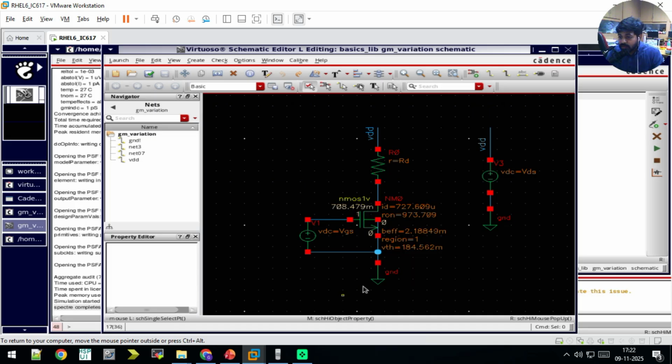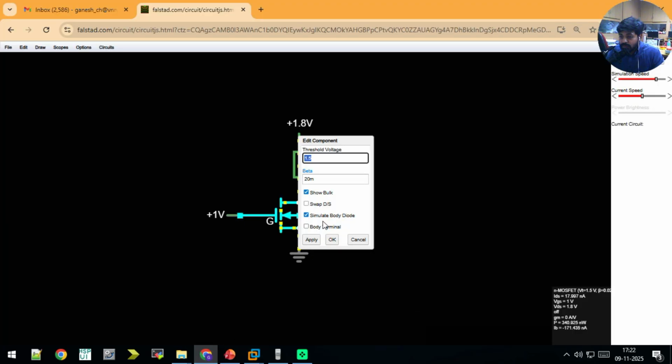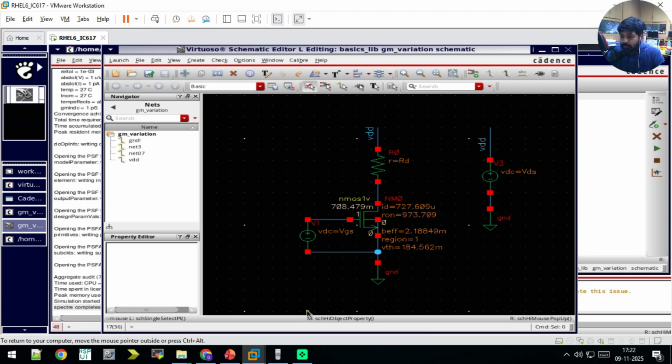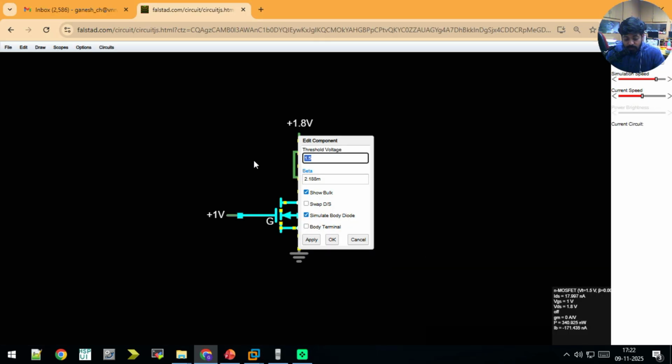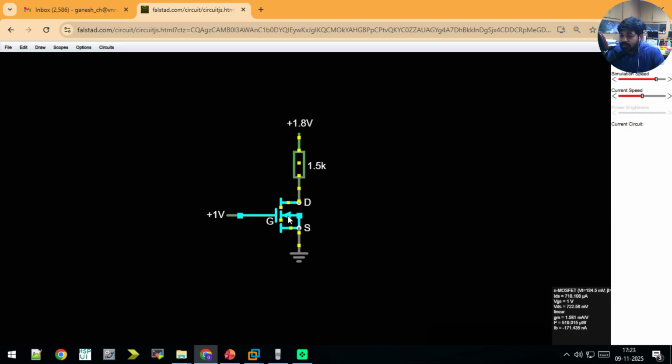So here the beta value is shown around 2.188 milli, and the VTH value is 184.5 milli.